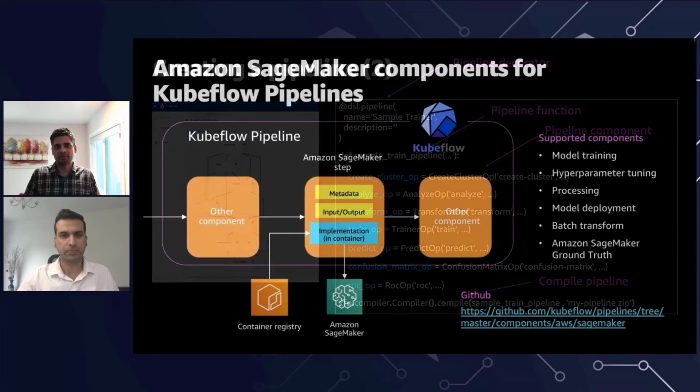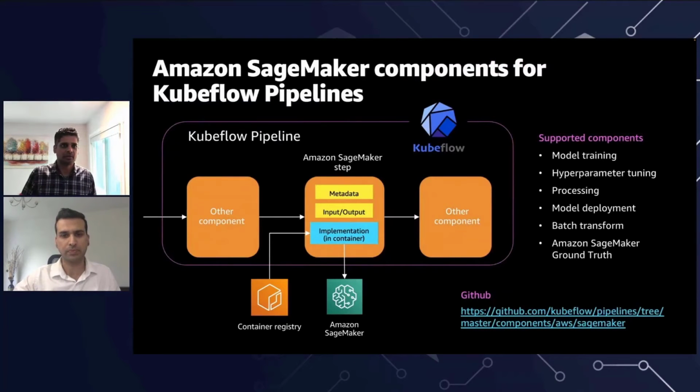So we talked about Kubeflow pipelines. We talked about pipeline steps. Let's see how Kubeflow pipeline and Amazon SageMaker components for Kubeflow work together. As I was explaining, you are implementing various steps in a machine learning workflow as Docker containers, and those containers are run as Kubeflow components.